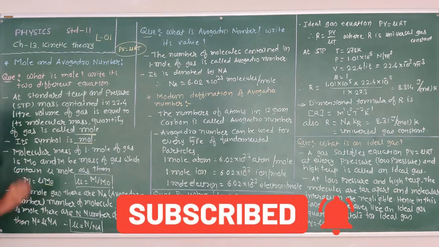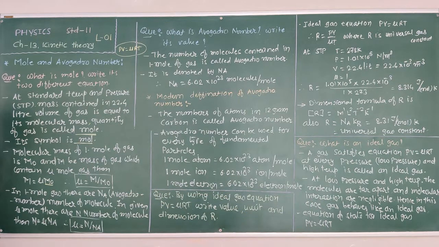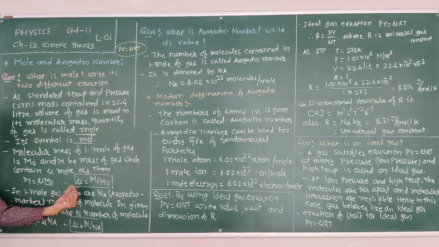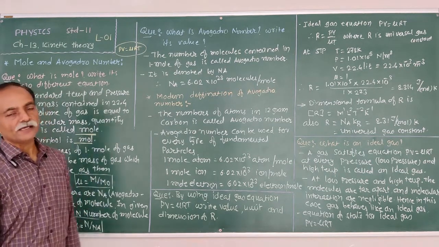M0 is the mass of 1 mole of gas. In a given quantity of a gas, there are mu moles of gas. Therefore, the total mass of a given gas, M, is equal to quantity into mass of 1 mole. Therefore, M is equal to mu M0. Therefore, the quantity of a gas, mu, is equal to M upon M0.